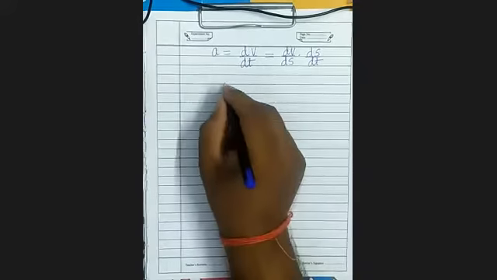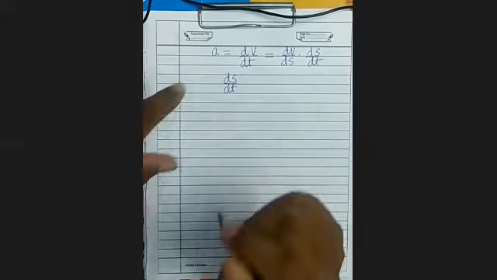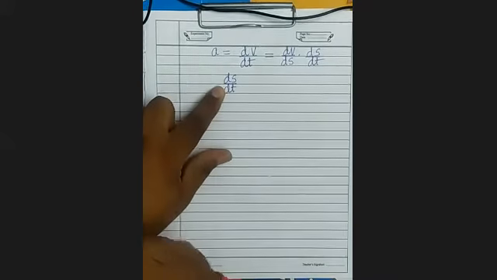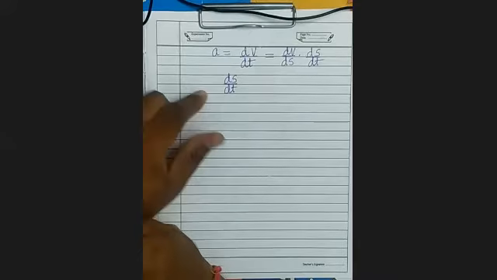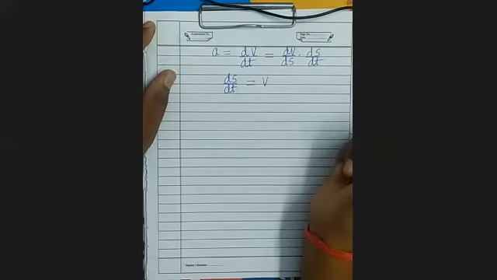So we know that ds upon dt is the rate of change of displacement, or more appropriately, time rate of change of displacement, which is velocity.